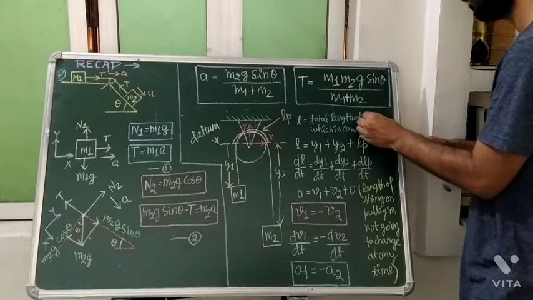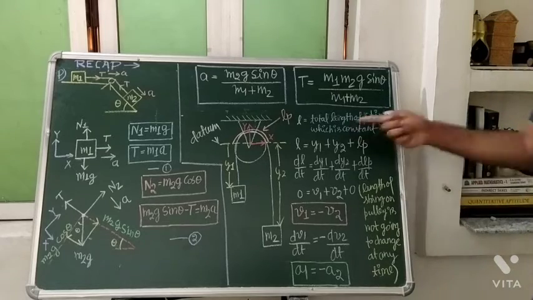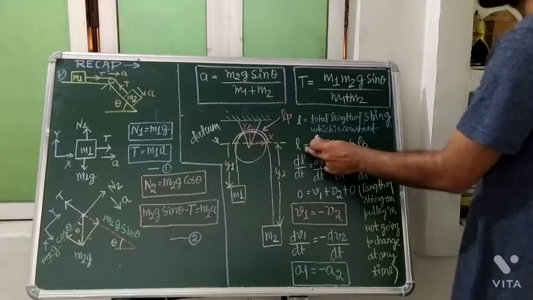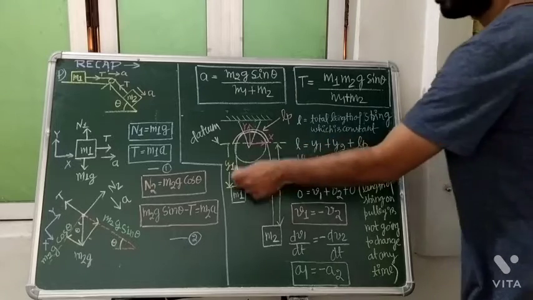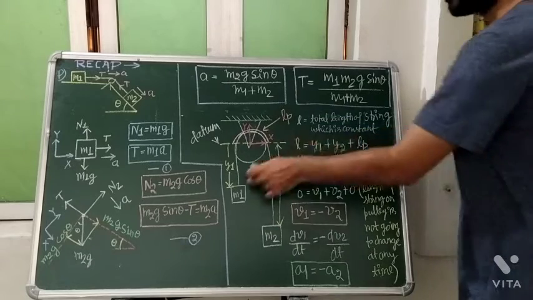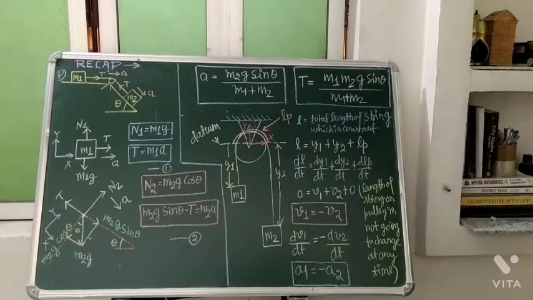Total length of the string is constant. So that total length will be y1 plus LP plus y2, the summation of all that.